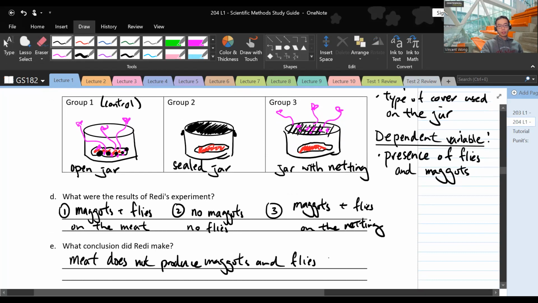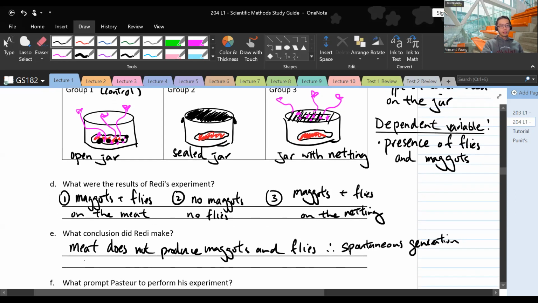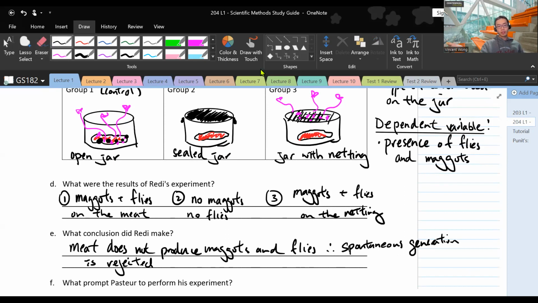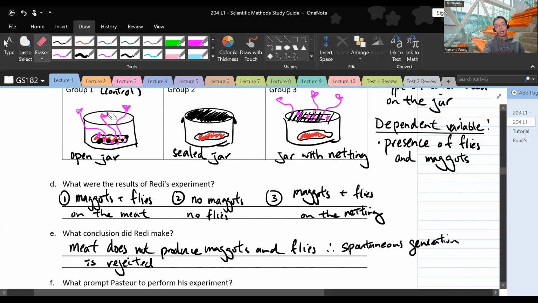So therefore, spontaneous generation is rejected. Because if meat does create maggots and flies, you should also see them in this sealed jar, right? But you don't. So we know that the maggots actually came from the flies and not the meat itself.